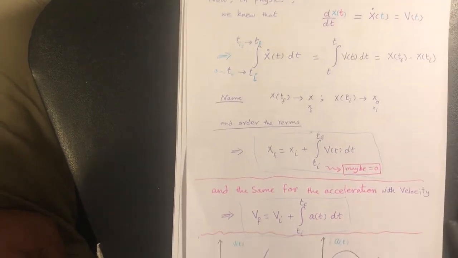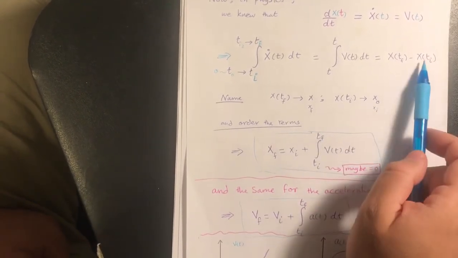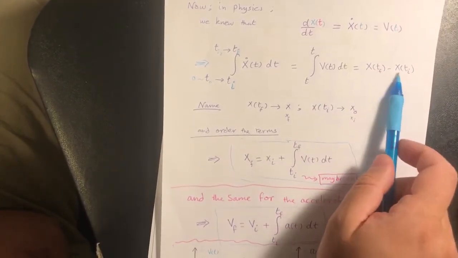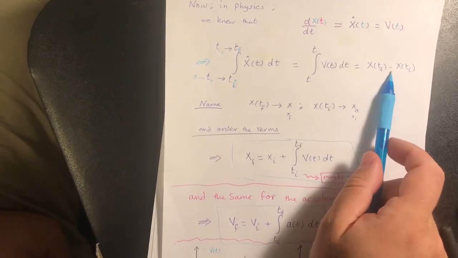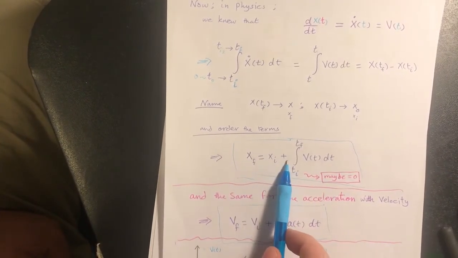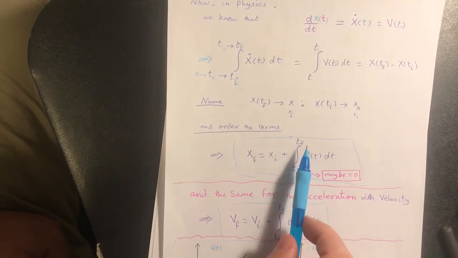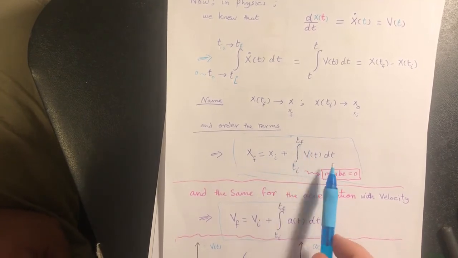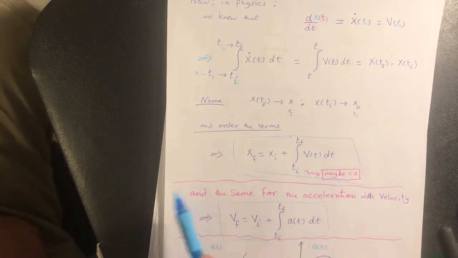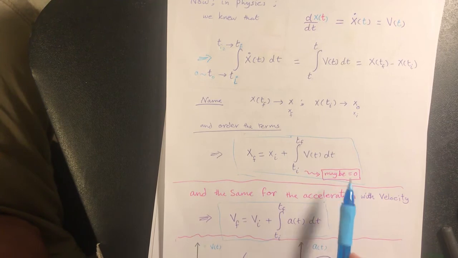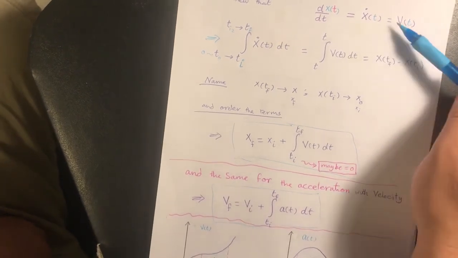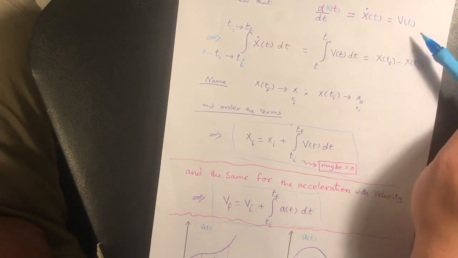Now we also need to order this. We need to bring this term to here. It will be plus, against the negative. So x final will be equal to x0 plus the integration from t initial to t final of the velocity, or the speed, with respect to time. T initial may be equal to 0. This is the relation between x and v, and x dot and v.